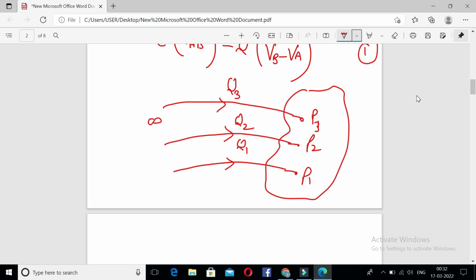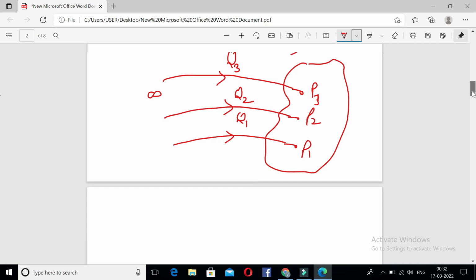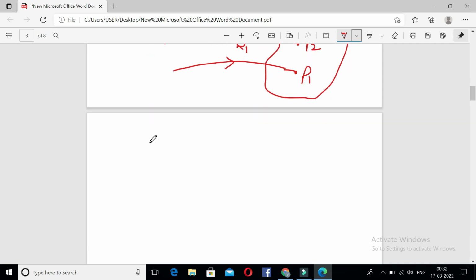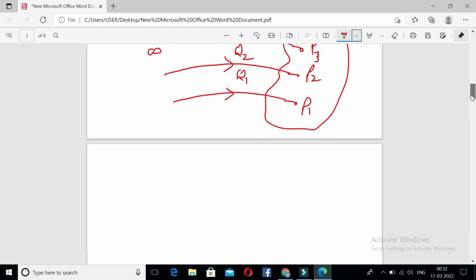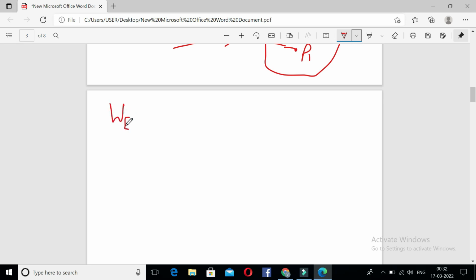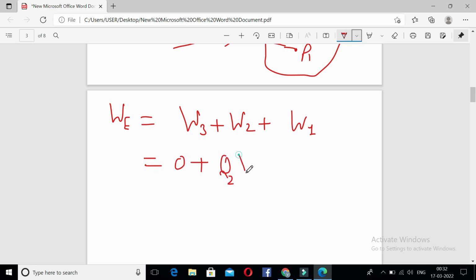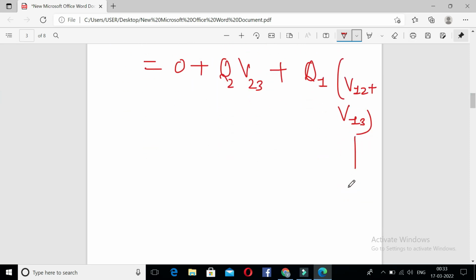Now the resting condition will be at Q3. So the total work done, or total potential energy, will be W equal to W3 plus W2 plus W1. During W3 it will be 0, plus W2, Q2 into V23, plus Q1 into V12 plus V13, and this is equation number 2.